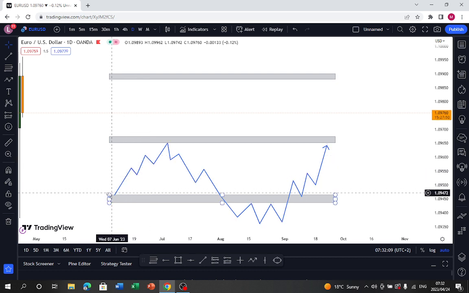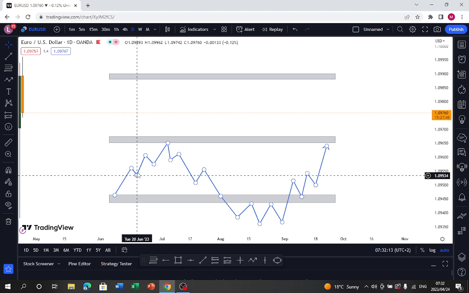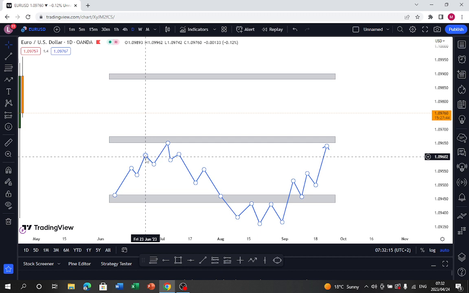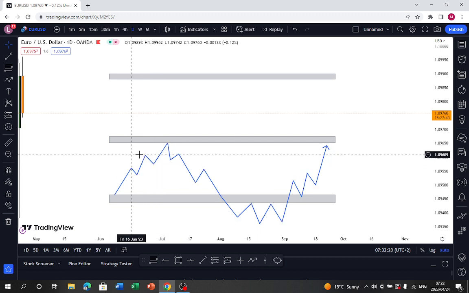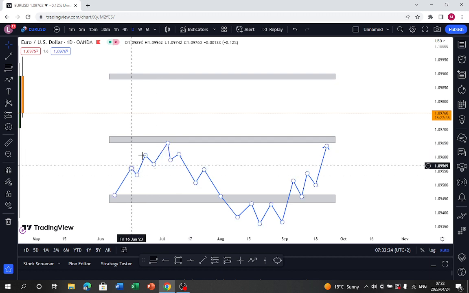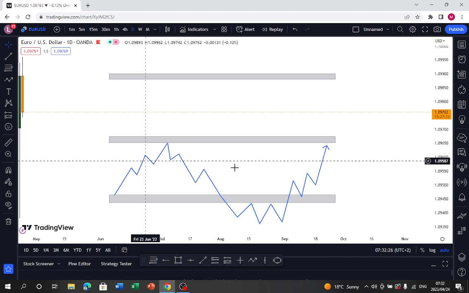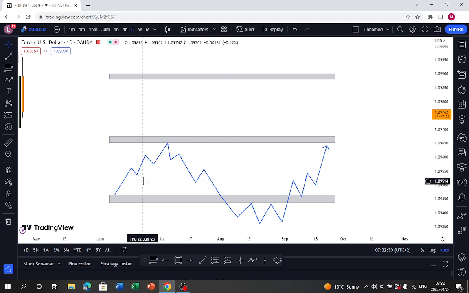So what it did, it created a high, came back, created a low, it created another high, came back, created a low, it created another high, breaking this high. So it's creating higher highs. That's exactly what the market is doing on this area, it's creating higher highs and higher lows.